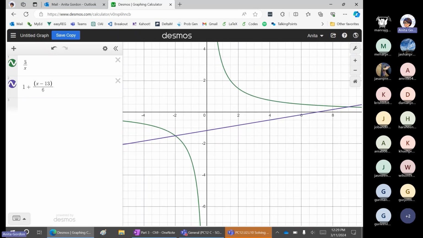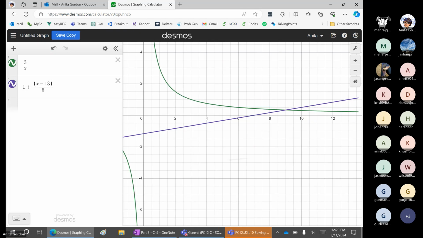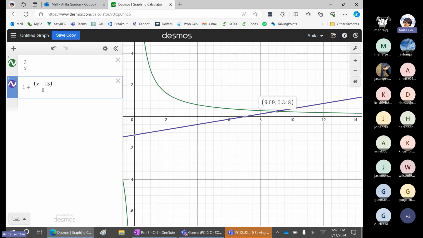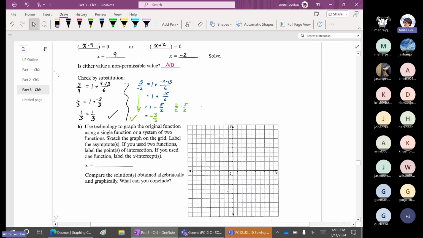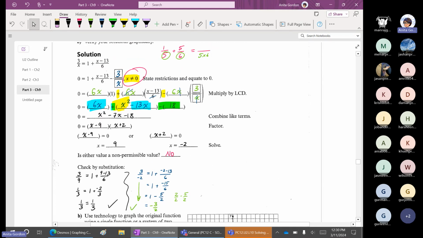Okay, because I have two lines, I'm looking at where the lines cross over. There is negative 2, and there is positive 9. So we've done this correctly. I'm not going to draw it in here because you can see it on Desmos. Any questions about this example?